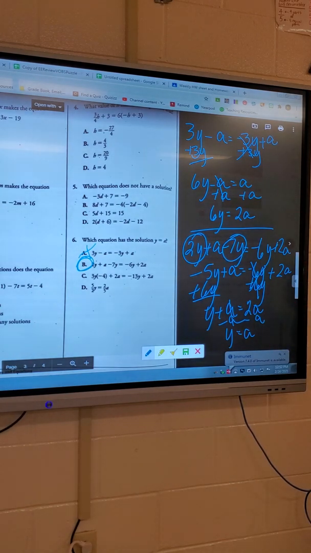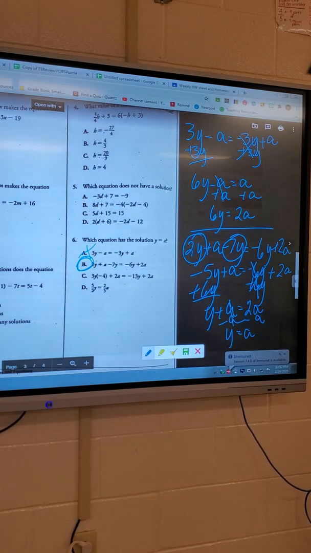That's why I have been so fanatical and held you to those steps, because you have to know the steps even when you don't have all of the numbers. These are what we call literal equations. You don't have all your values. The steps don't change, but you've got to get it as far as you can, and as far as we can get it is down to y equals a.